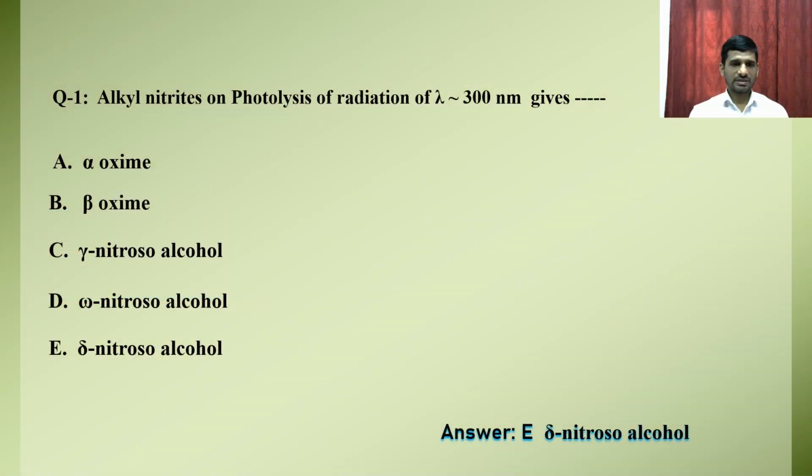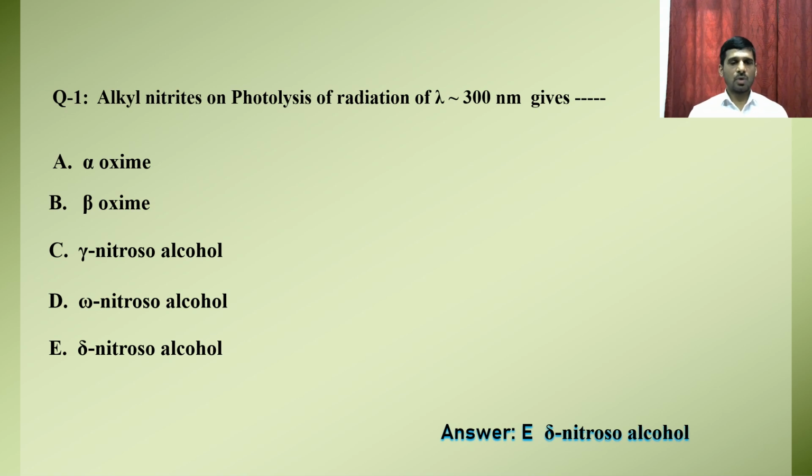Okay, so there is a question on your screen. Alkyl nitrites on photolysis of radiation of wavelength of around 300 nanometer give: alpha oxime, beta oxime, gamma nitroso alcohol, omega nitroso alcohol, or delta nitroso alcohol.